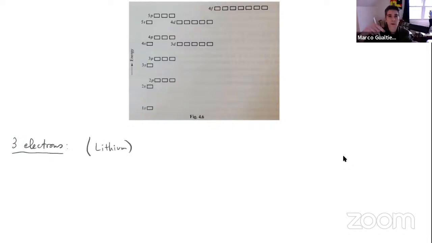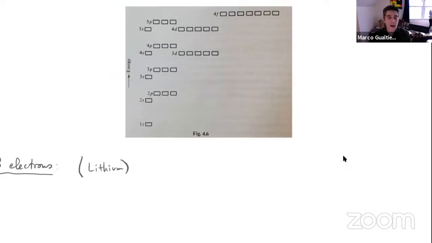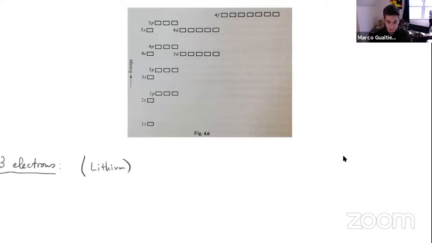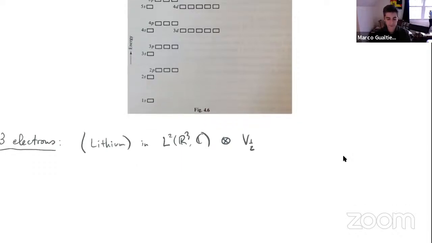We're going to put 3 electrons into this infinite dimensional state space, but really it's L2 R3 C tensored with C2, the two-dimensional space V1/2.